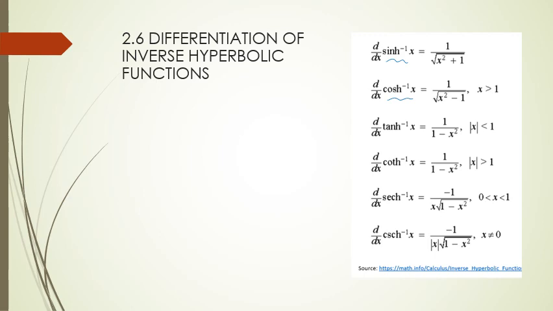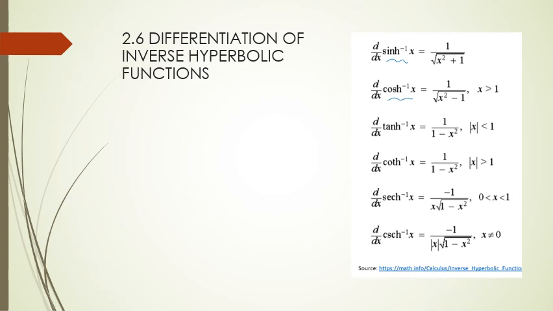Differentiate tangent hyperbolic inverse x, we get 1 over 1 minus x squared. Then cotangent hyperbolic inverse x also gives 1 over 1 minus x squared. Then secant hyperbolic inverse x and cosecant hyperbolic inverse x.